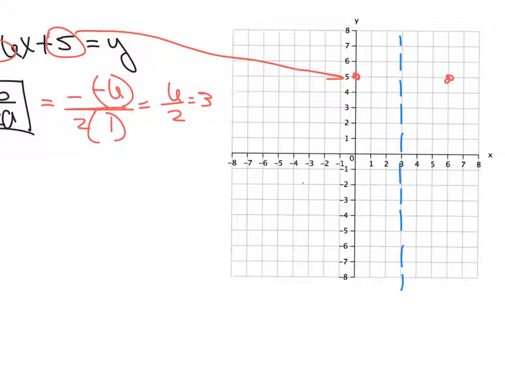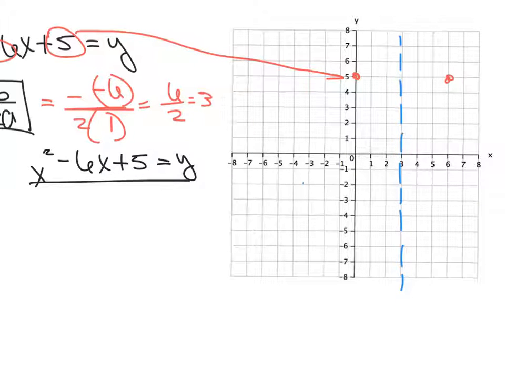Now we need to find a dot on this line here that ends up being the part where our parabola turns and goes back up. So it turns direction. Let me put that original equation back up there for you: x squared minus 6x plus 5 equals y.